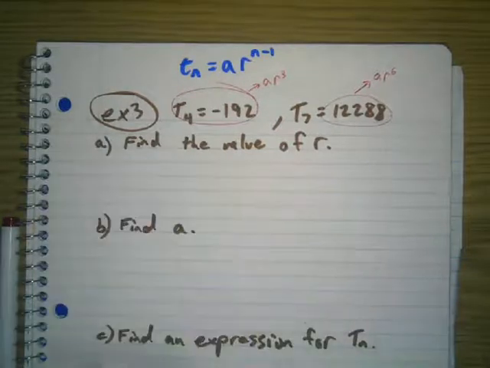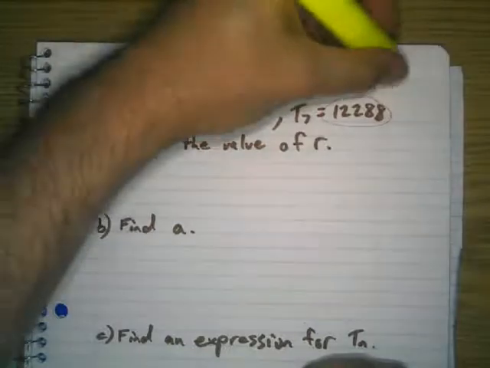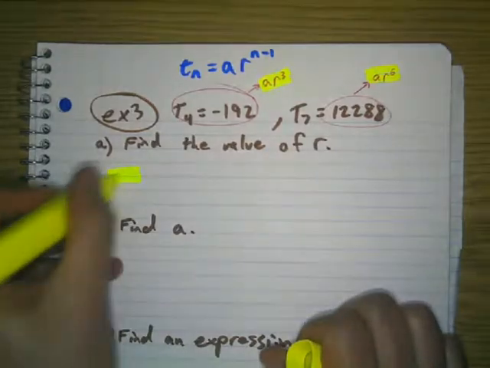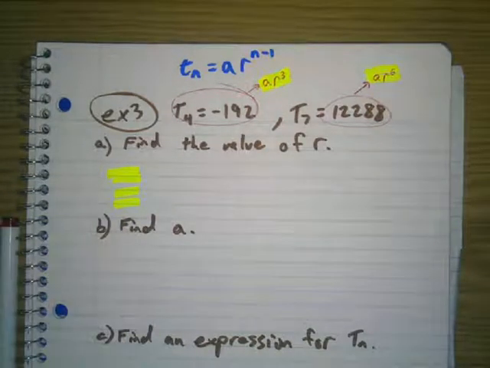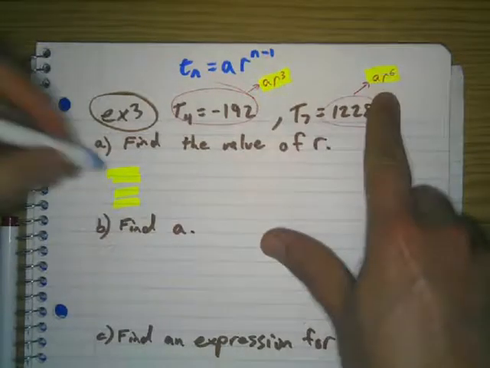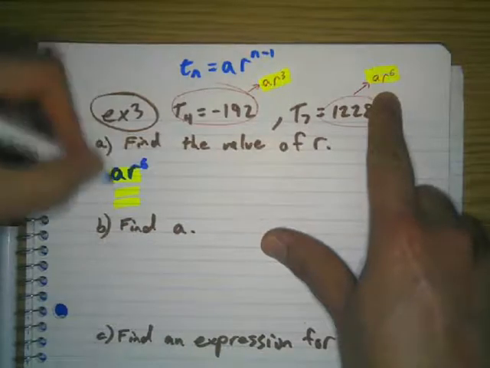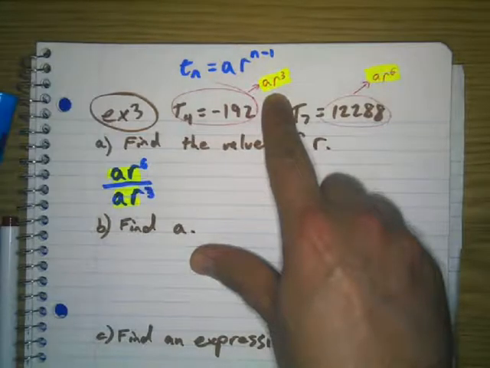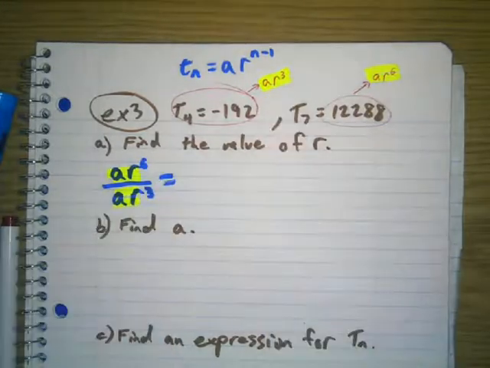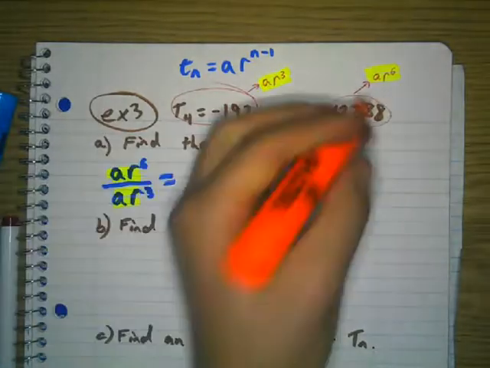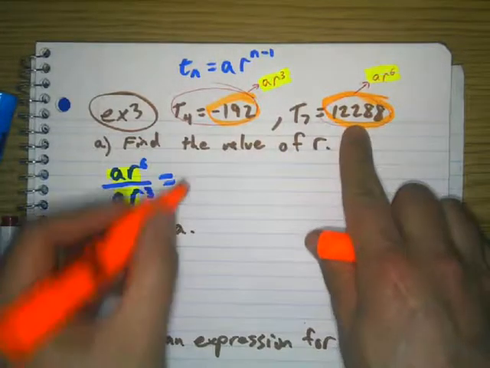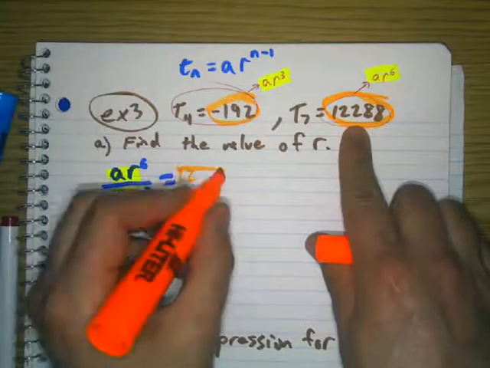So if I set up my ratio, a times r to the power of 6 divided by a times r to the third power, we should make that equal to that value.